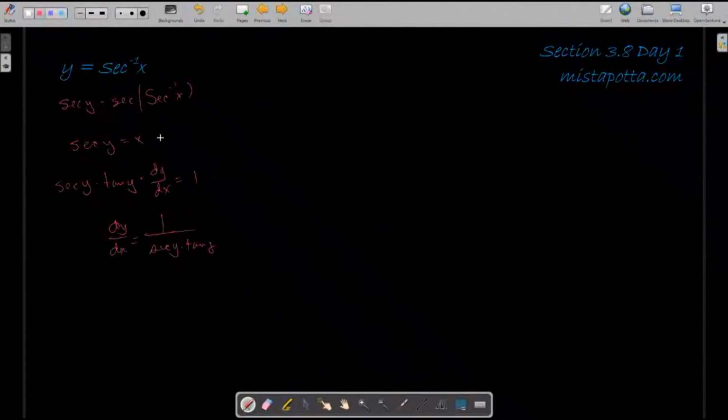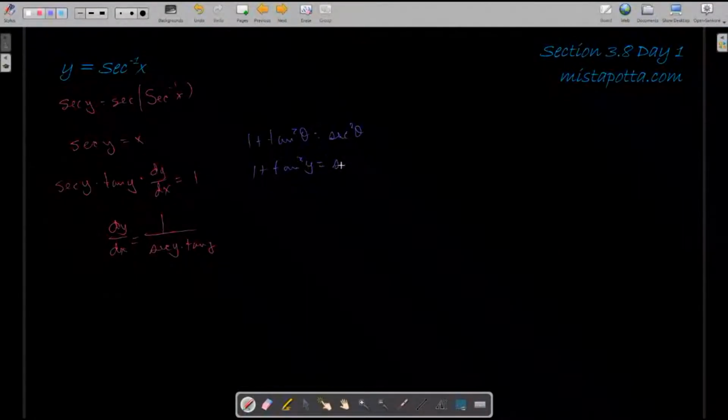And I know that the secant of y is going to be x, but just as before, I want to think of what tangent of y is in terms of x. And I'm going to go to that same trig identity we just talked about, 1 plus the tangent squared theta equals the secant squared of theta.